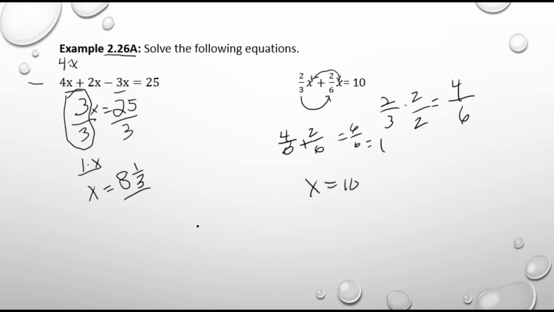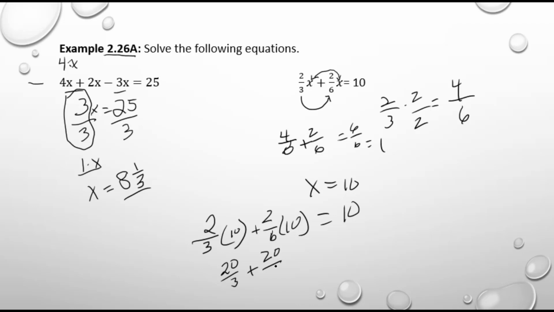And just to show you how that would work, I'm going to replace x with 10 in the equation. And when I do that, it better equal this, otherwise I made a mistake, right? So this is 20/3, right? 20 over 3 plus 20 over 6.